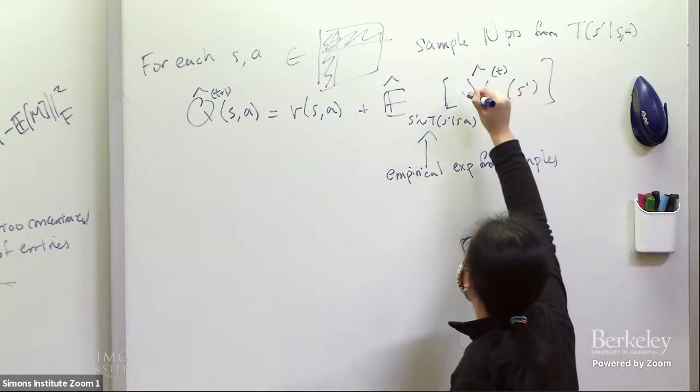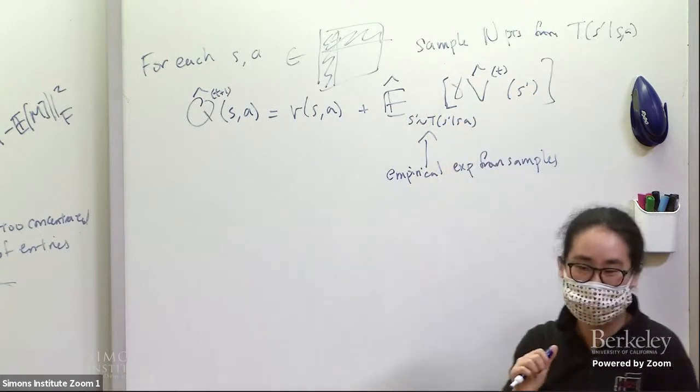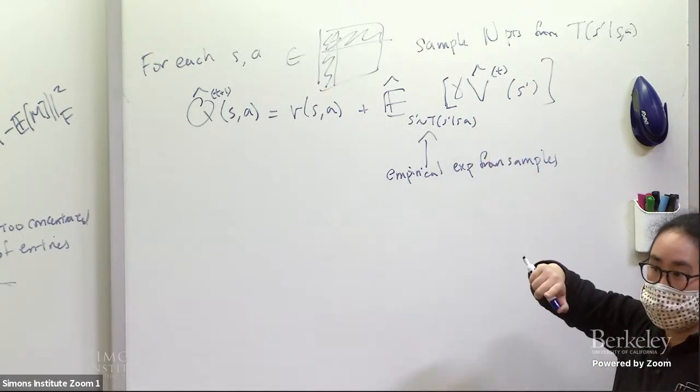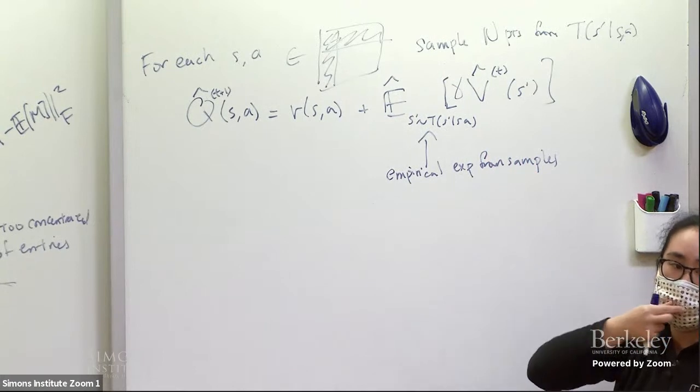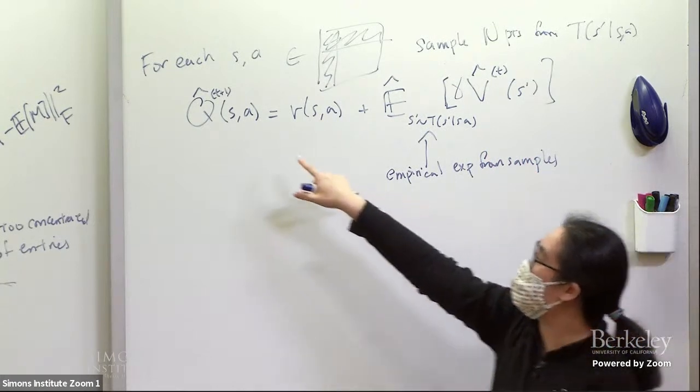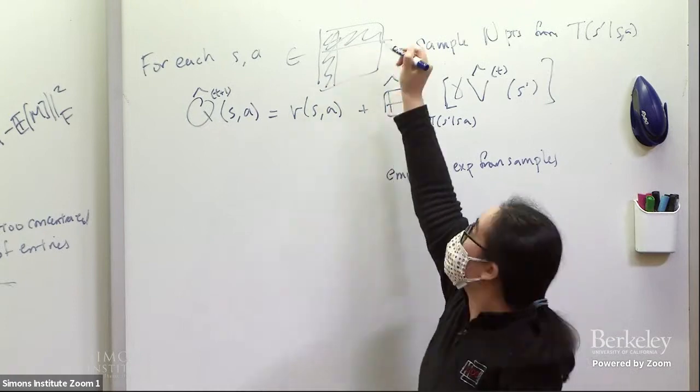Actually, it's discounted, so there should be a discount factor. So you're building a sparse model, and they're only estimating this for these points here.